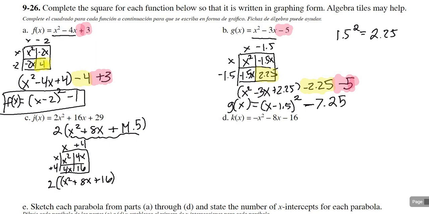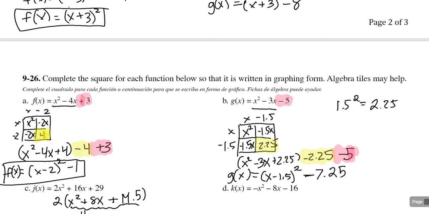I have to subtract that 16. And then I have to remember to add that 14.5, which gets me 2 times x plus 4 squared minus, what's negative 16 plus 14.5?